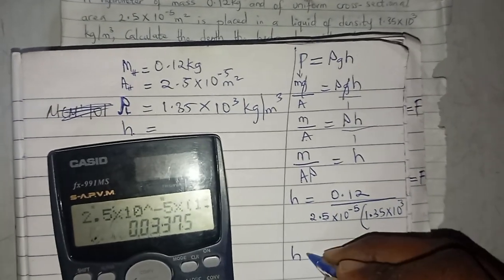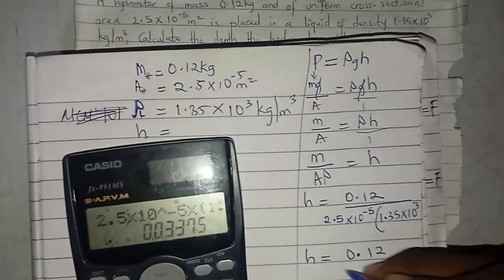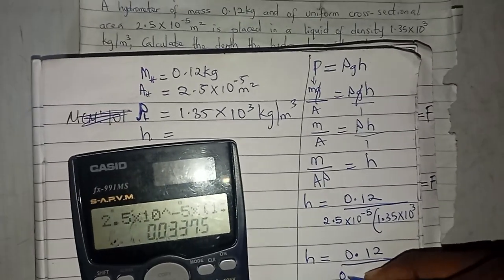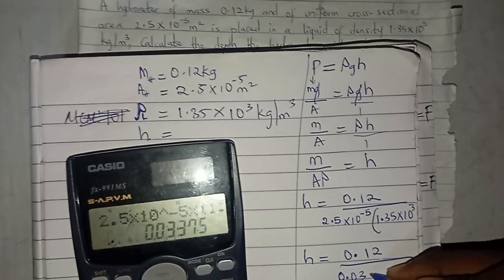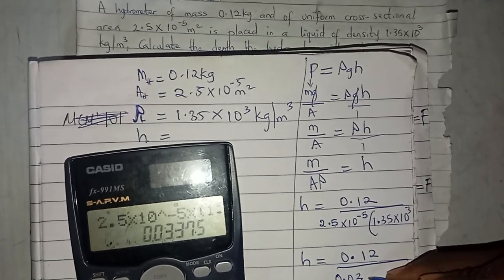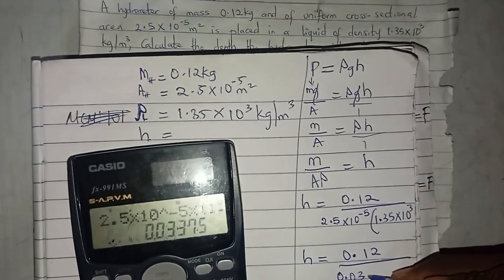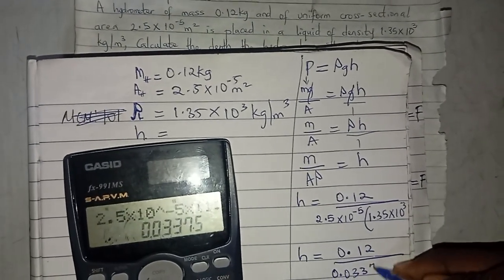So I have h equals 0.12 all over 0.03, this can be 3.38 times 10 raised to power 2. Okay, but let's just write it the way it is.